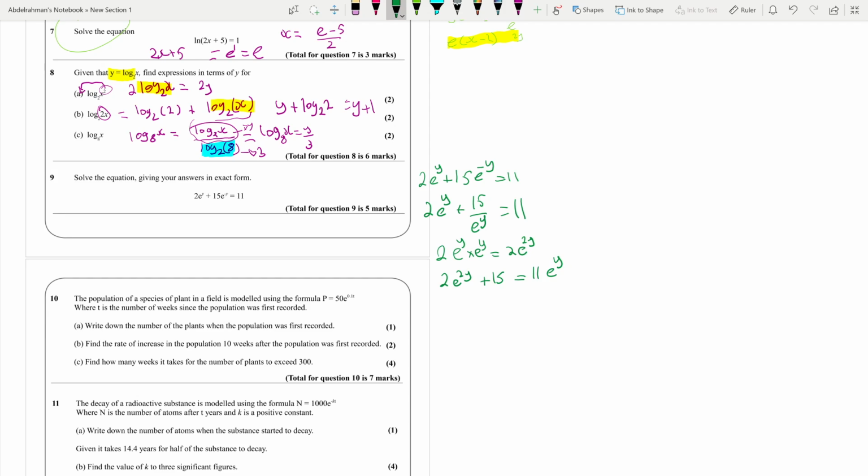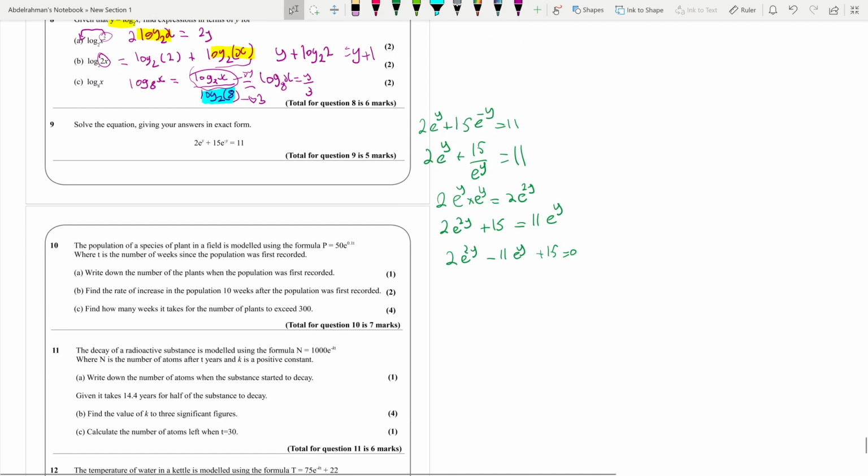Okay, now what we are going to do is 2e^(2y) minus 11e^y plus 15 is equal to 0. Now if you realize, you will find that there is a repetition here, that means it looks like a quadratic equation. Okay, and assume that e^y is just the normal x we have.